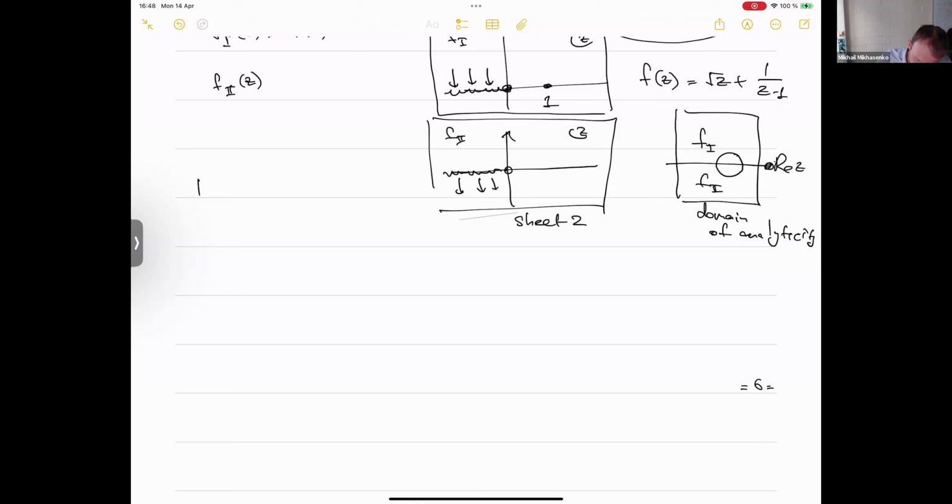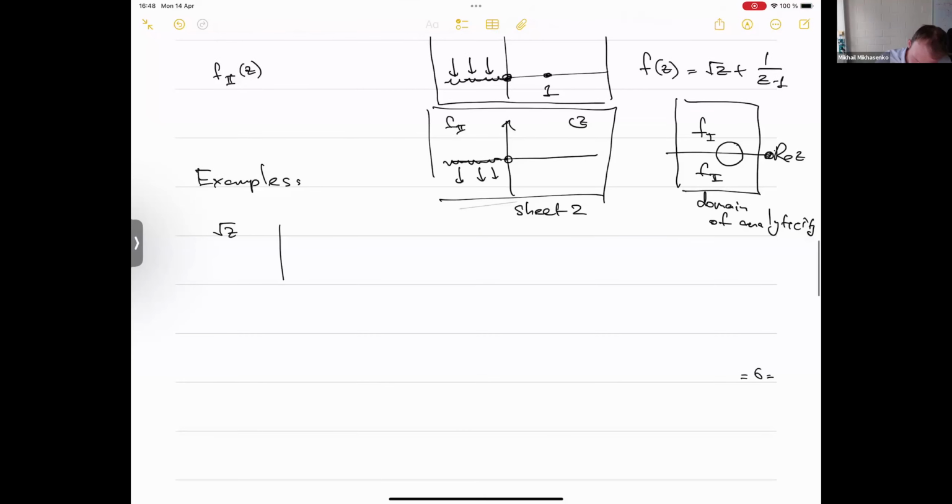So let's start with the square root of z. On one side, I will be showing how f1 looks, and on the other side, how f2 looks.